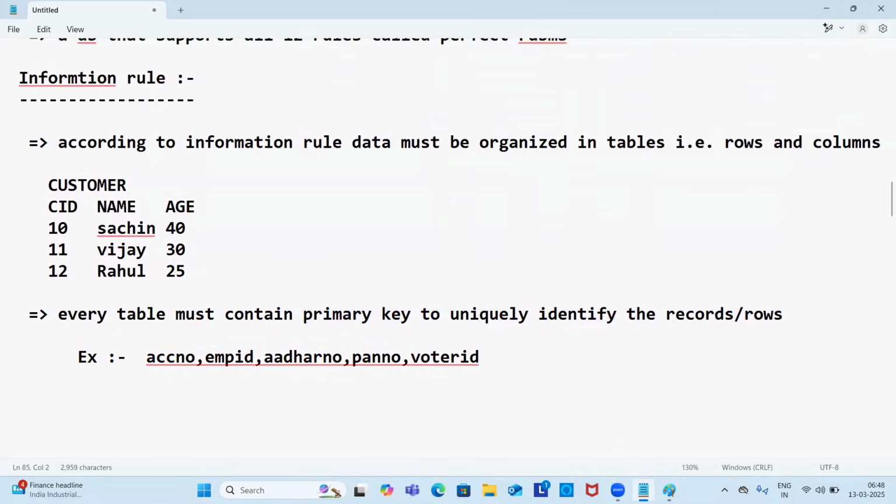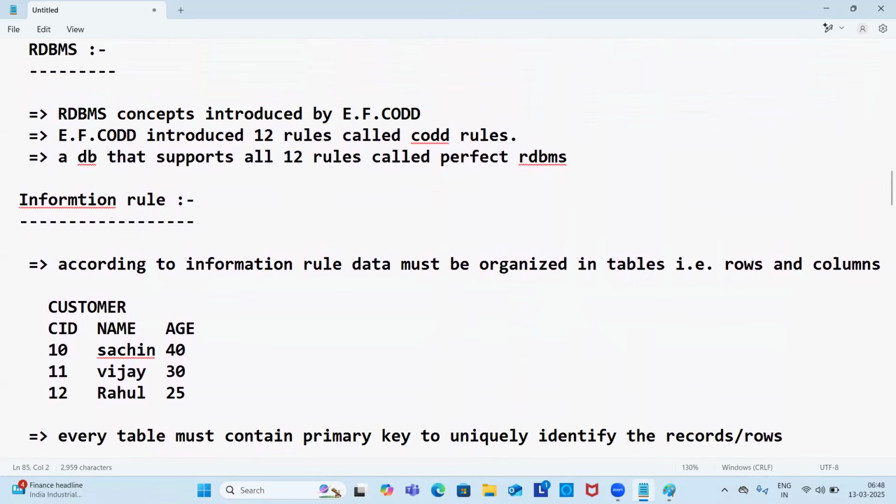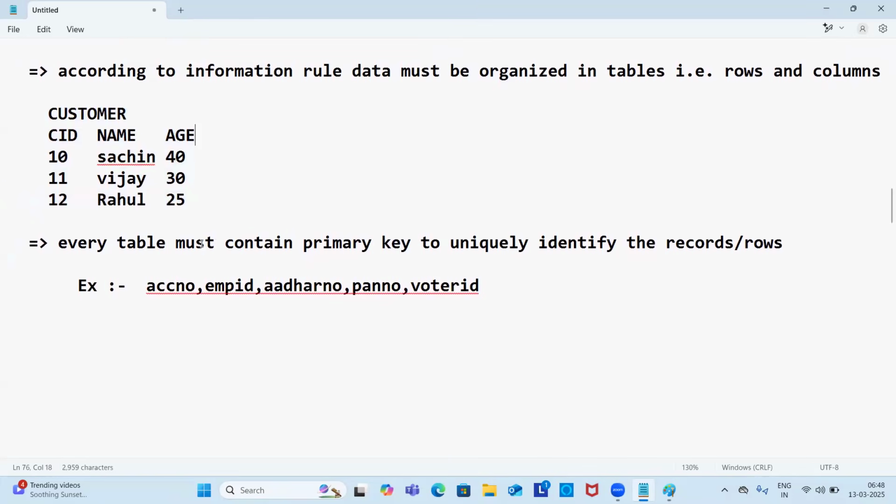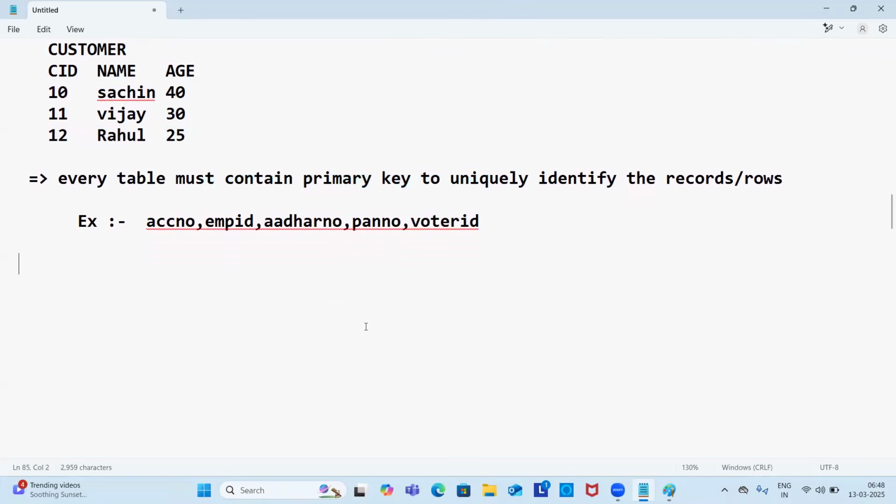So this is about RDBMS. In RDBMS, you store the data in the form of tables. The table contains rows and columns, and the table must contain a primary key. Now, what are the other features of RDBMS?